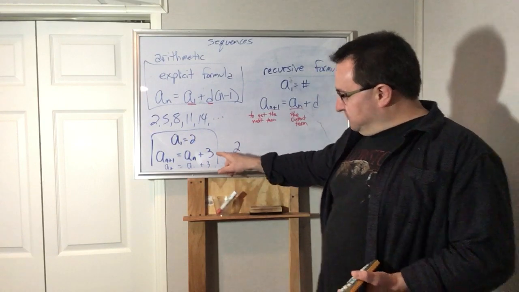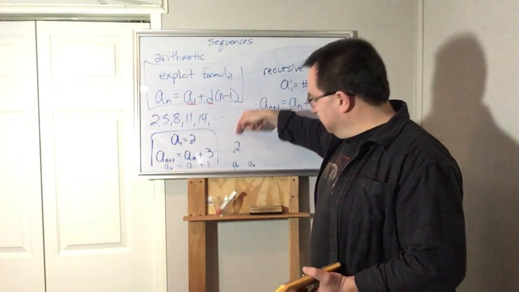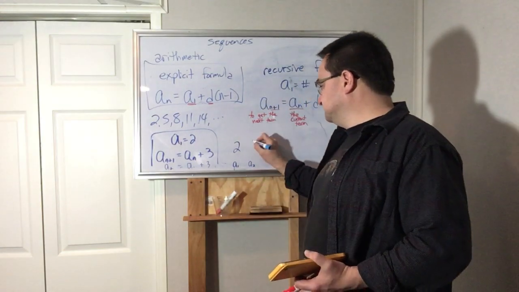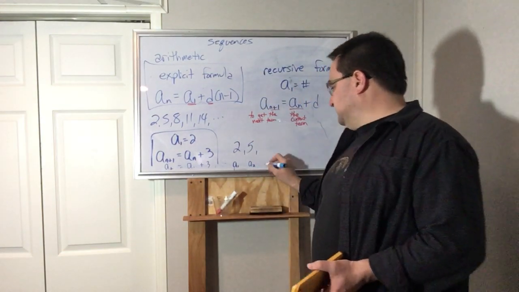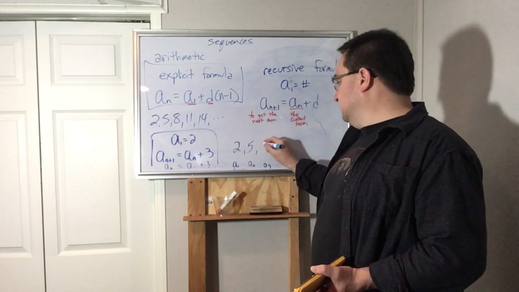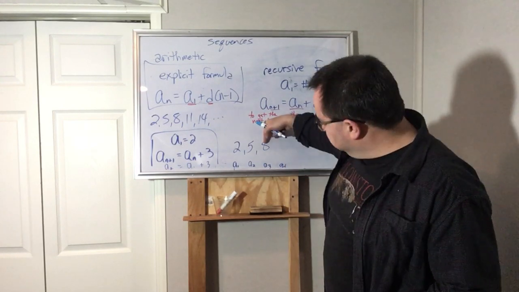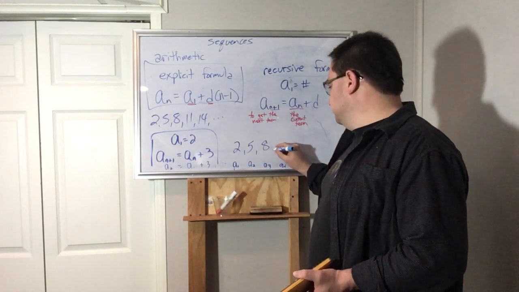What this is saying is that the second term is equal to the first term plus 3. What's the third term? Well, that would be the second one plus 3. What's the fourth term? Well, that would be the third term plus 3.